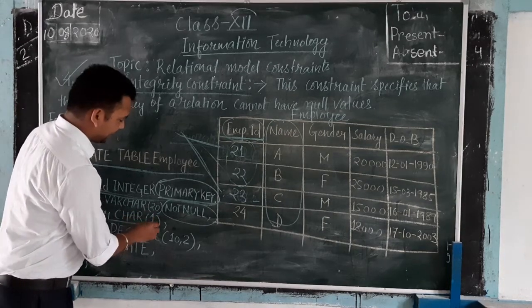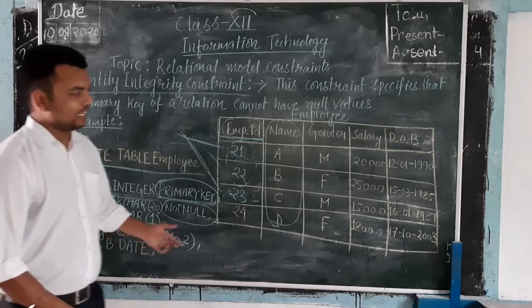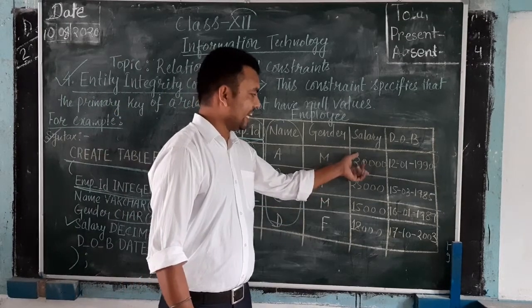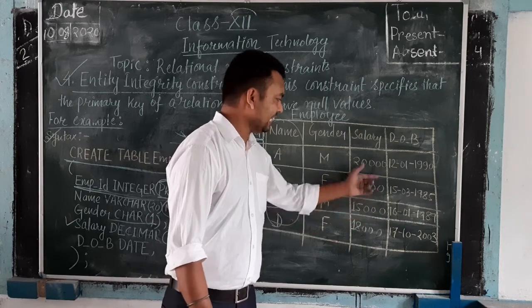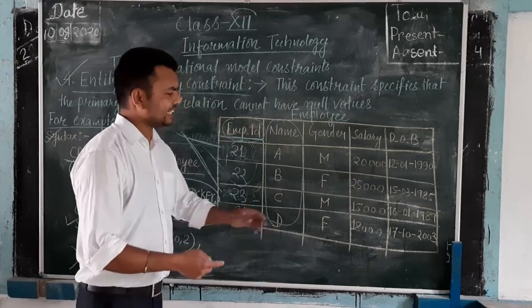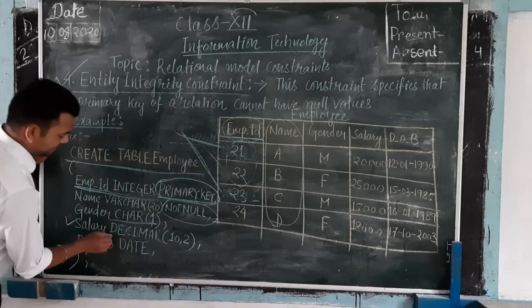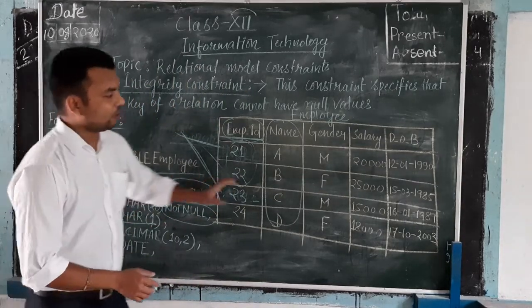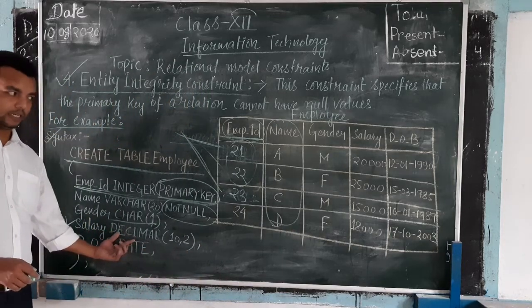That is, the number of characters should be 1, followed by salary, which is decimal. Here the salary may not be a whole number. If we are getting only numbers, then we can directly use the data type number.